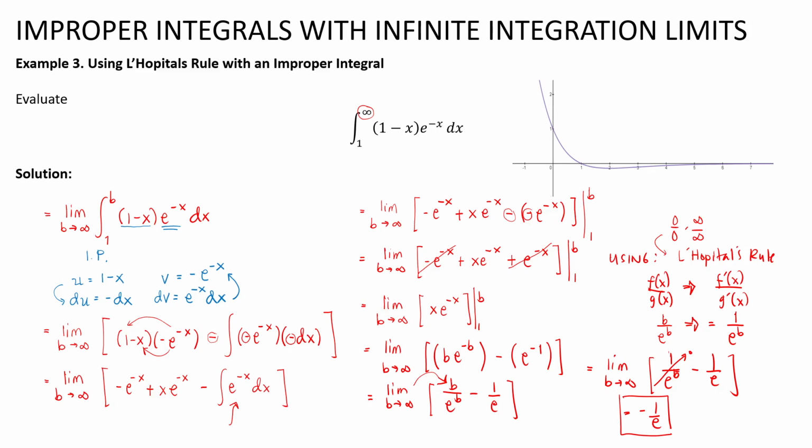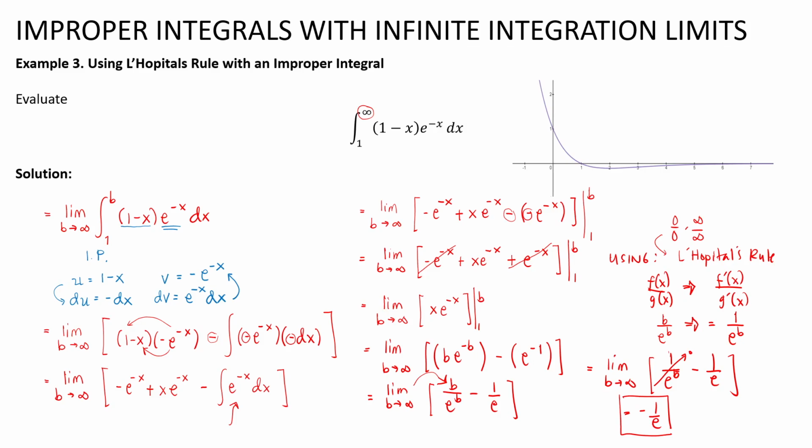Again, if you look up the definition of L'Hopital's rule, there's a statement that if the evaluation of the limit gives you 0 over 0 or infinity over infinity, the correct term for that is indeterminate answers.